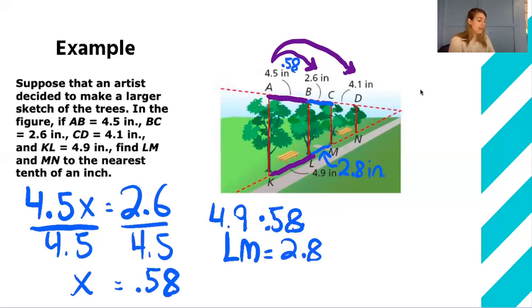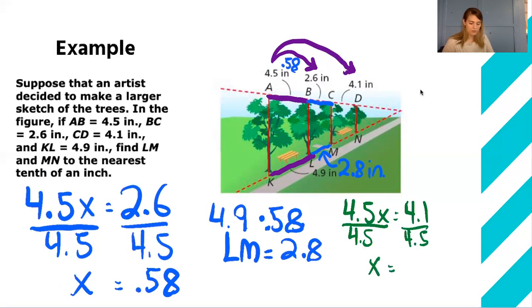Now I'm going to do the same thing with CD. So I'm going to figure out what I multiplied 4.5 by to get to 4.1. I get 0.91.